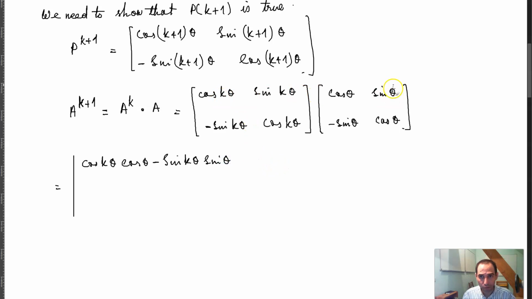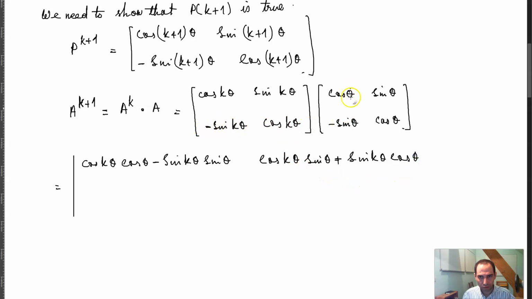And then you have the same row times this column, which gives you cos k theta times sine theta plus sine k theta times cos theta.